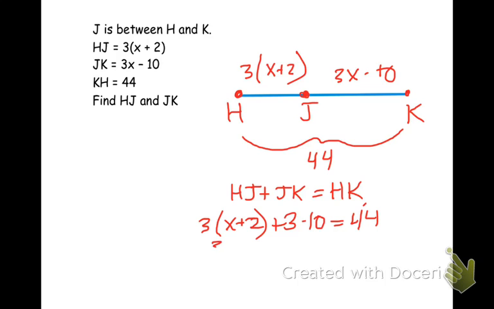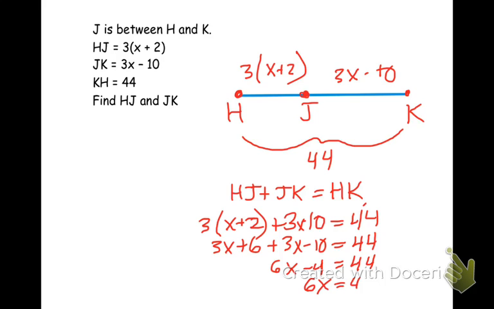So distribute the 3, 3x plus 6 plus 3x minus 10 equals 44. Combine like terms, 6x minus 4 equals 44. Add 4 to both sides, 6x equals 48. So x is equal to 8.